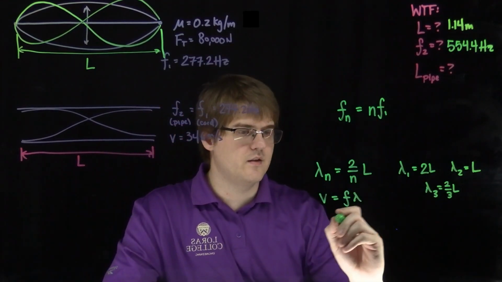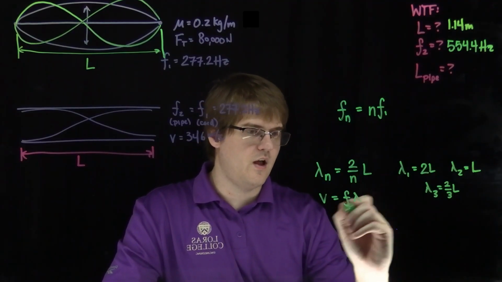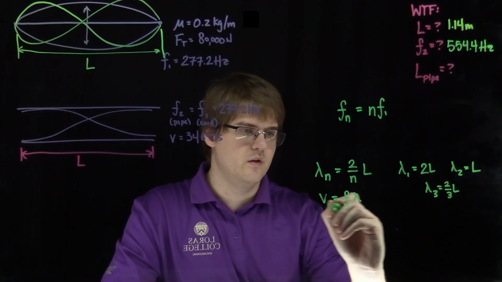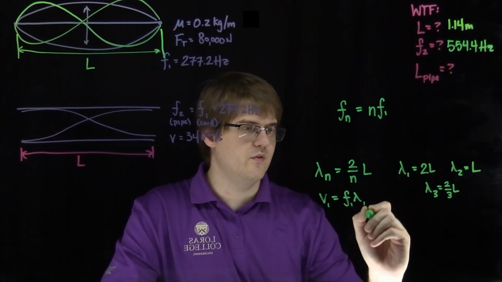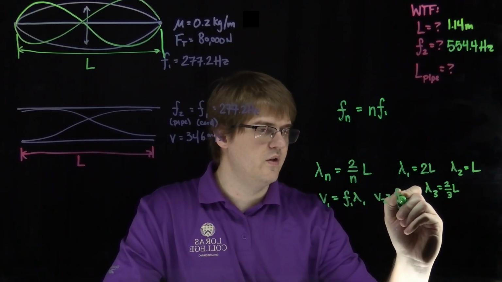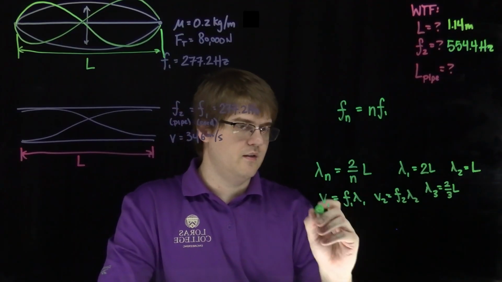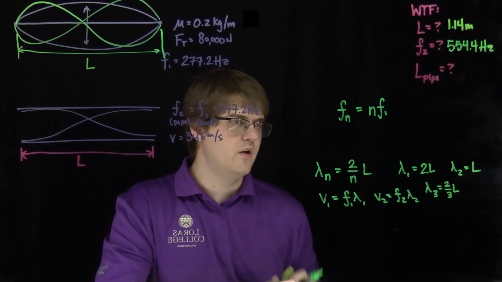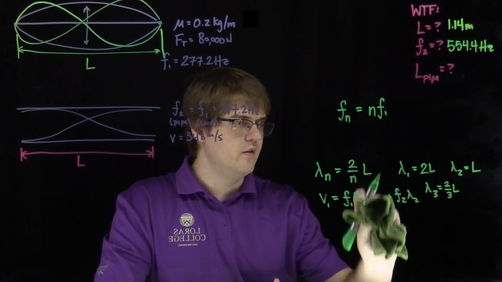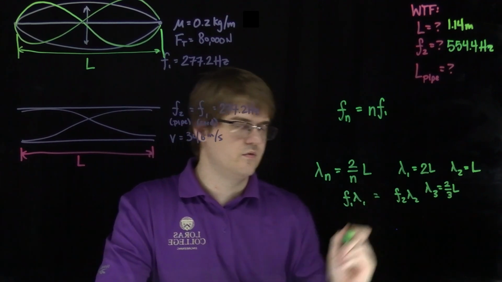And we know that the velocity is the same for both of them. So if the velocity 1 is equal to frequency 1 times lambda 1, and velocity 2 is frequency 2 times lambda 2, then velocity 1 and 2 are the same. I can say that these two values are equal.